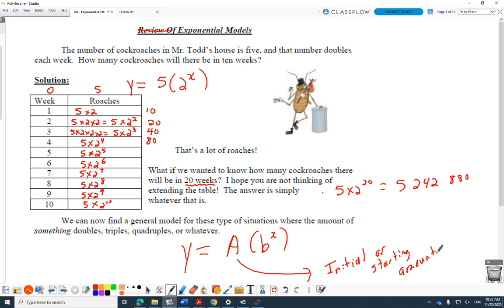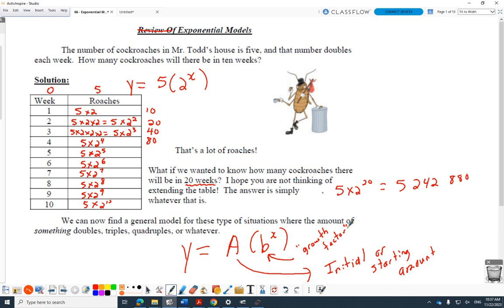Then this base is the growth factor. And this growth factor will be the main problem today, is deciding what growth factor it is. This one was doubling, so finding out that growth factor of 2 wasn't complicated. So if it doubles or triples or quadruples, it should be easy to come up with that factor.